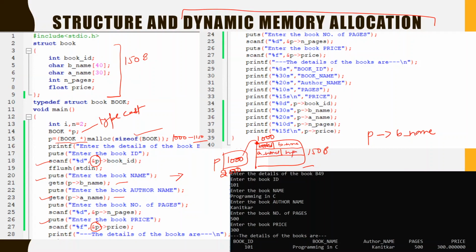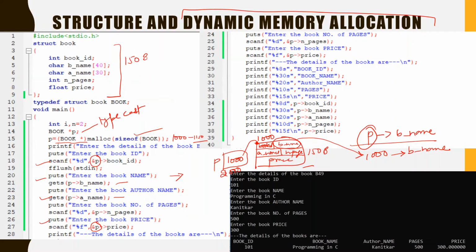It can be n pages, and the last can be price. So if you access p arrow b name, it means p is the base address, that is 1000. So starting from 1000, you access the sub block which has the b name. So this b name would be accessed by this particular notation.